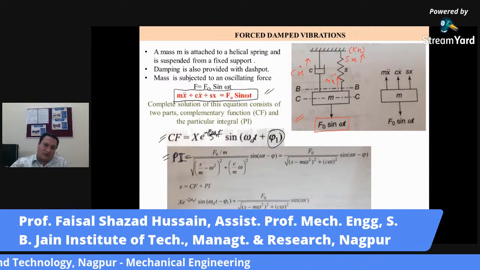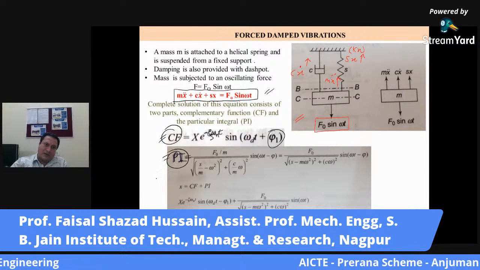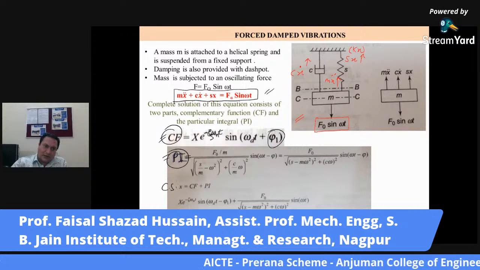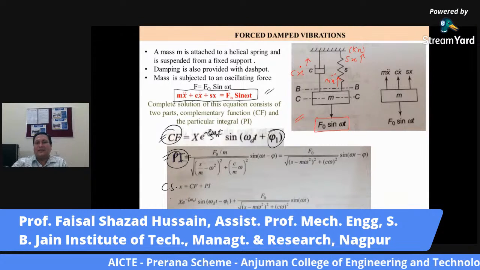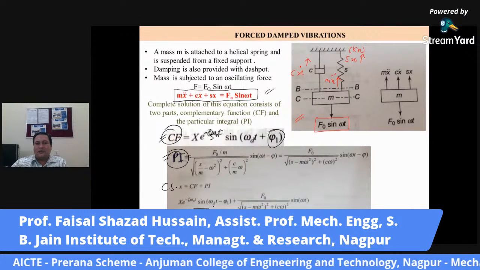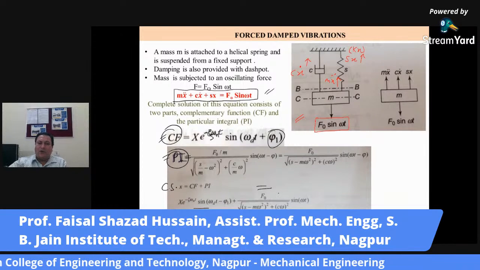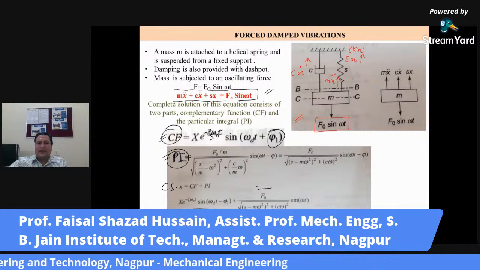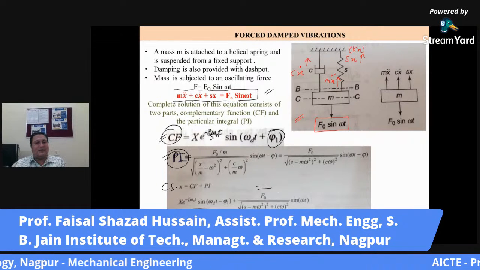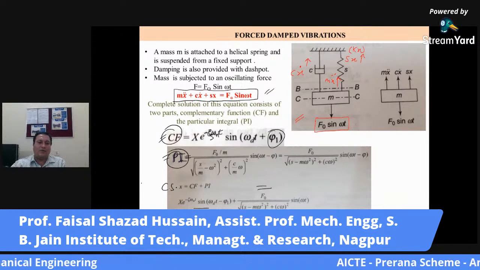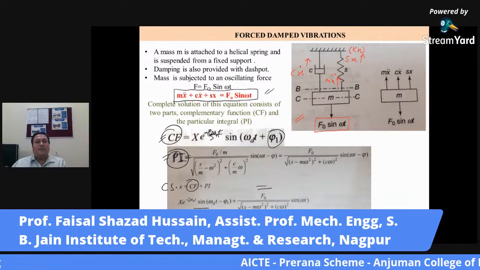So the complete solution after finding the complementary function and particular integral, the complete solution X will be CF plus PI. This is your CF and this is your PI. Generally, what happens in damped free vibrations, represented by the first part, that is your complementary function, it becomes negligible with respect to time.